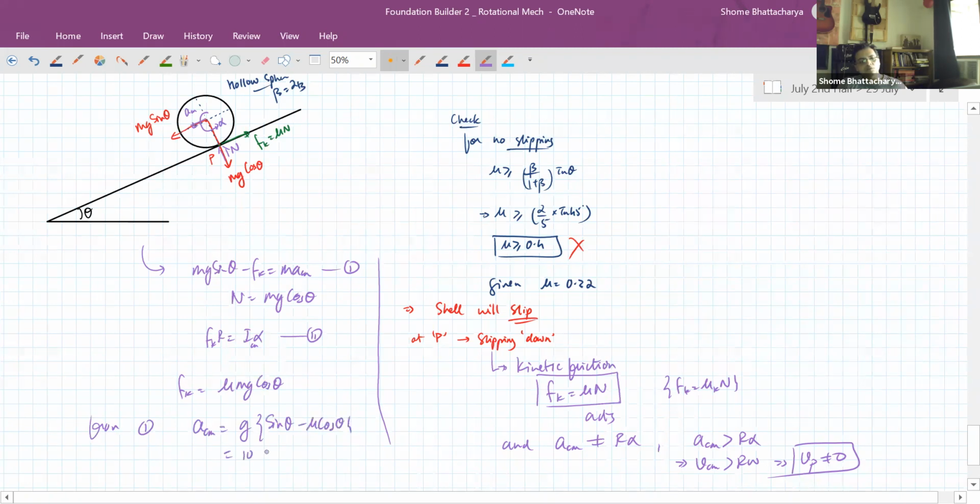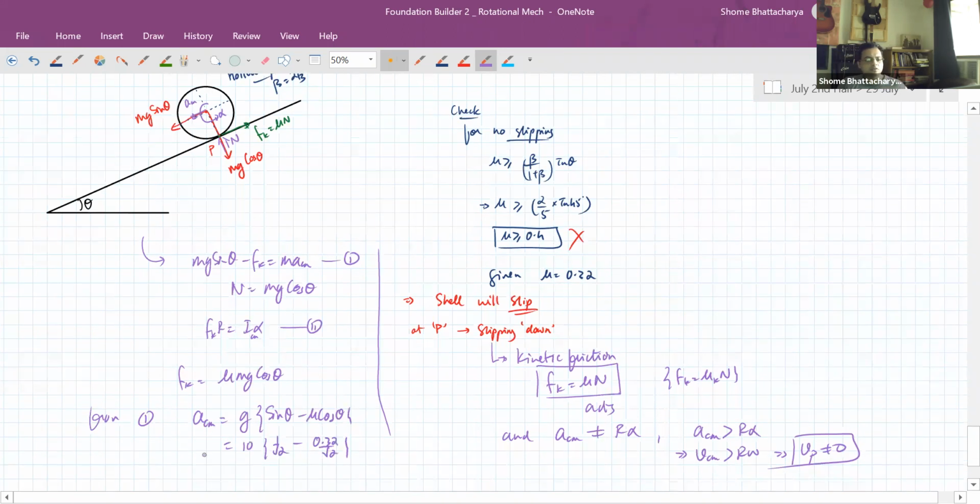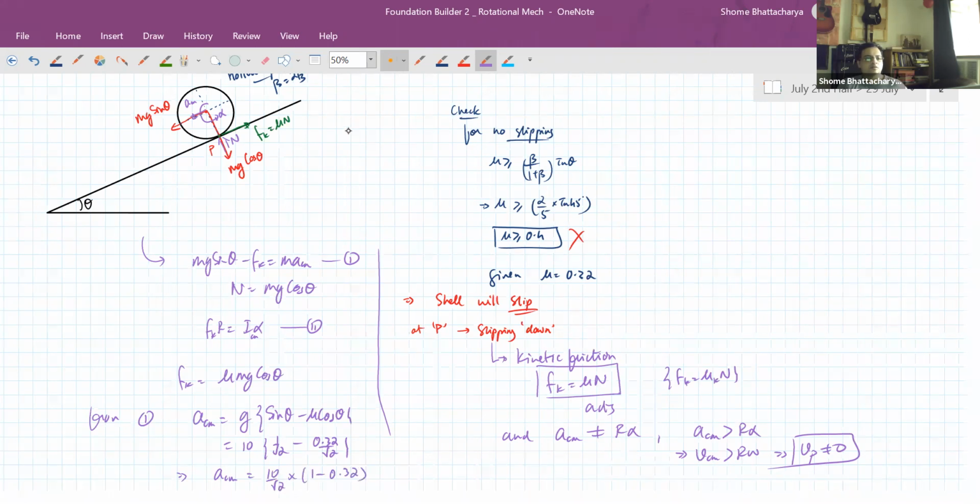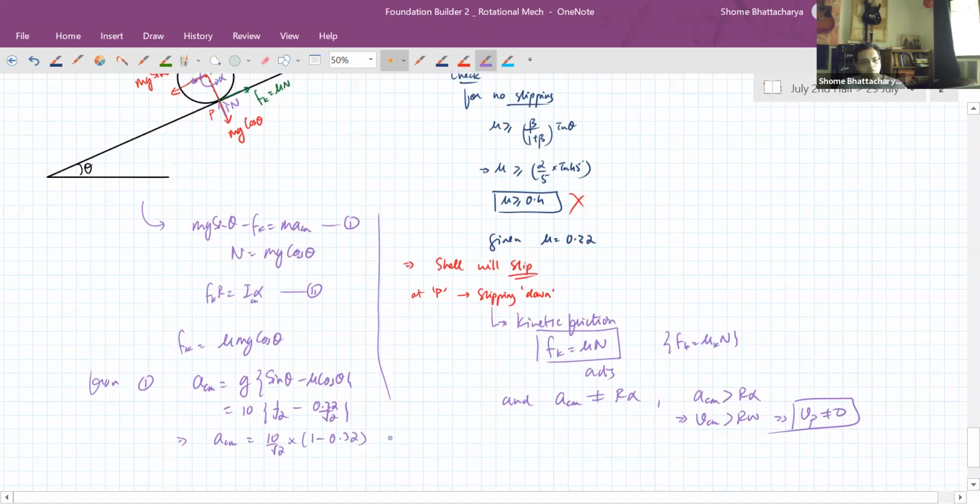Here it will become 10 into 1 by root 2 minus 0.32 upon root 2. So the acceleration of the center of mass is 10 by root 2 into 1 minus 0.32, that's 0.68 into 5 root 2.